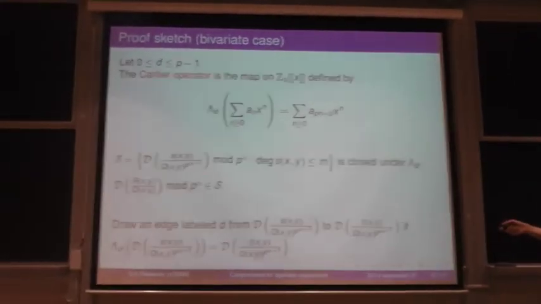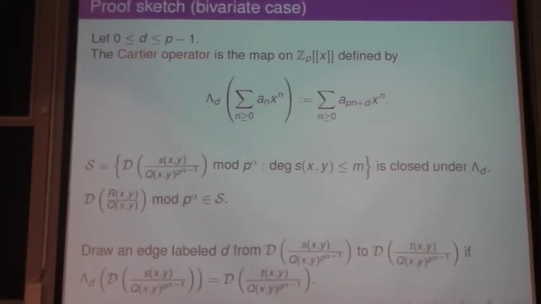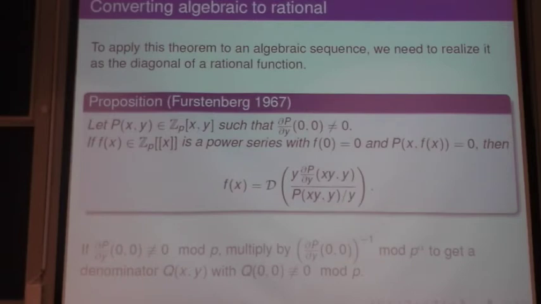And of course, you're not actually carrying these around as infinite power series. You're just carrying these around as rational expressions. And we just draw an edge labeled d from one of these diagonals to another if one is the image under the Cartier operator of the other. Right, so I'm skipping lots of details here, but this is the basic idea. There's some finite set of rational expressions running around, and you can build the automaton directly out of that.